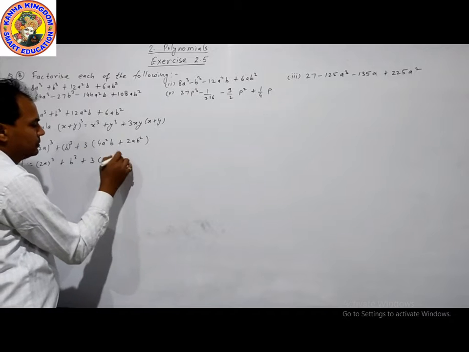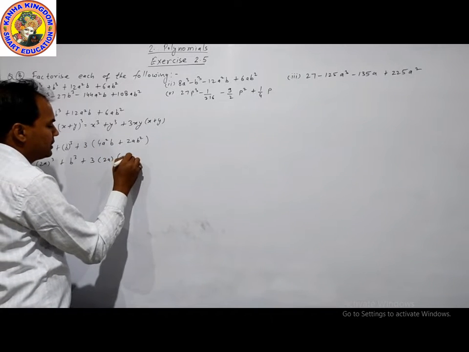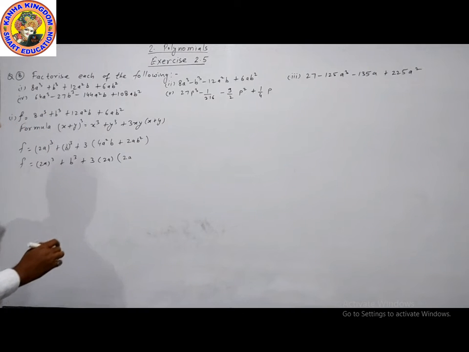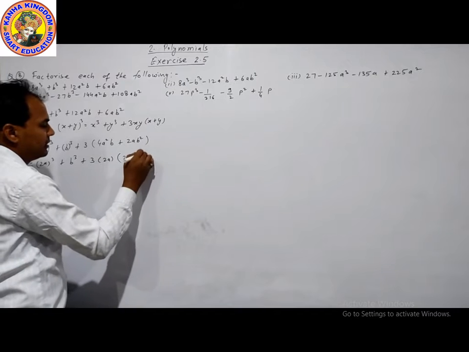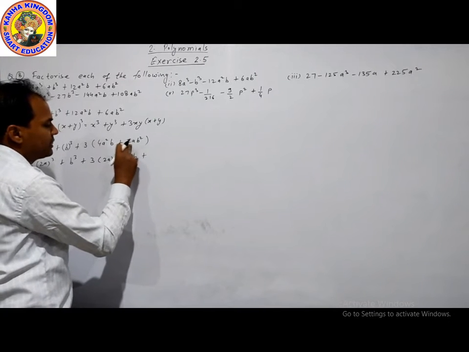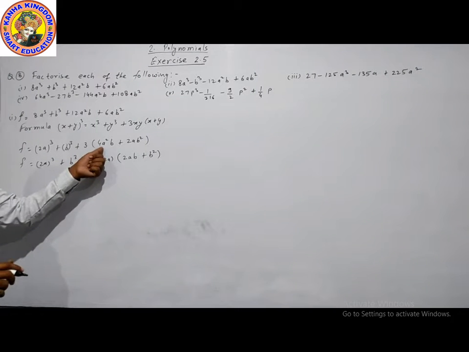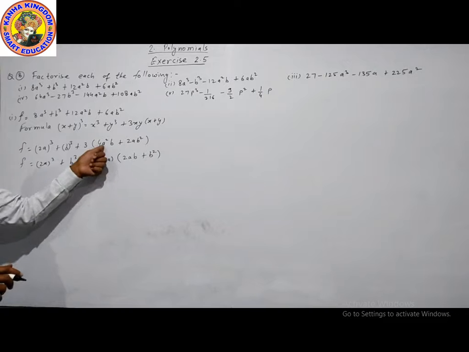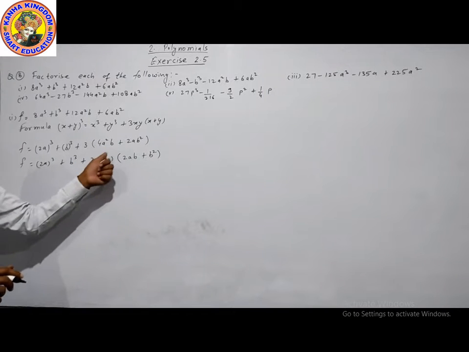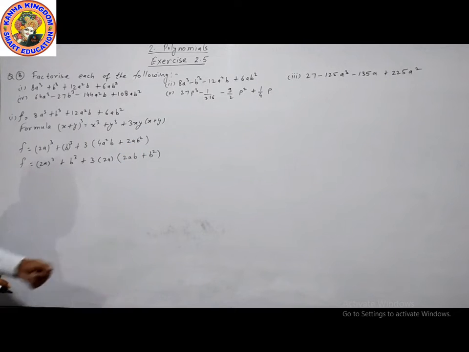Taking common 2, this is 2, taking a as a common part, this is a. Then b plus, taking 2a as a common part, this is b square. Dividing 2ab by 2a, the 2a cancels, leaving b square.